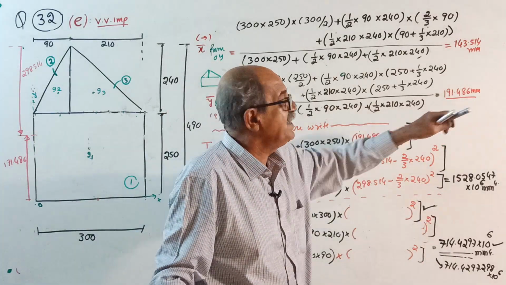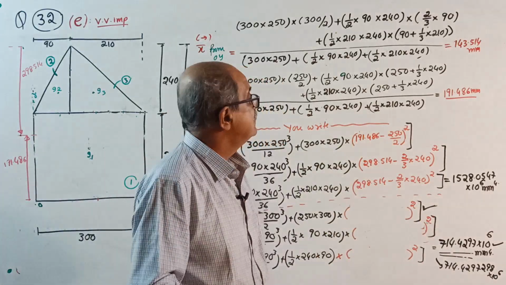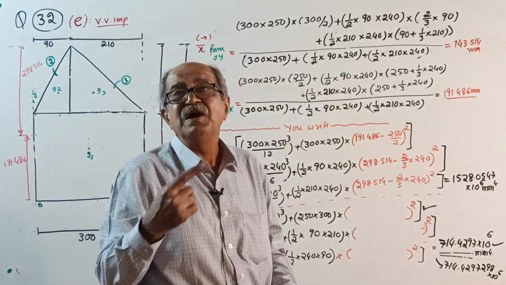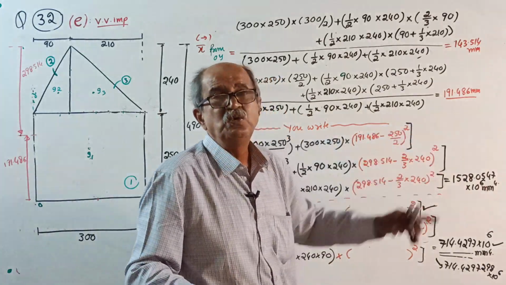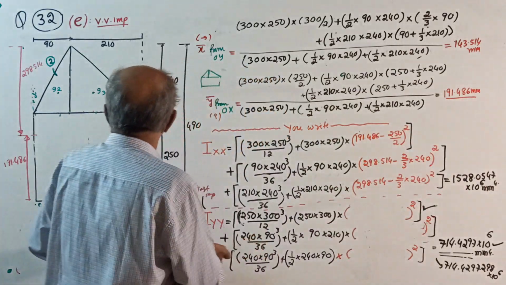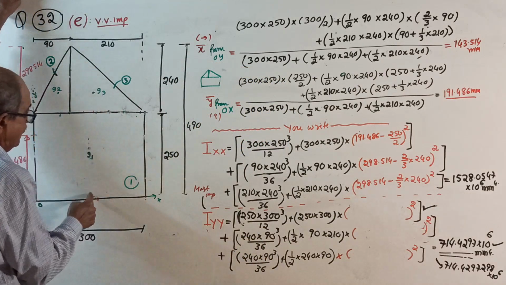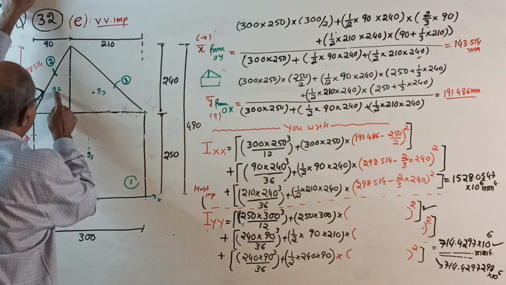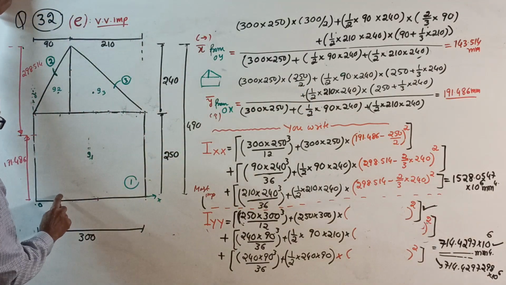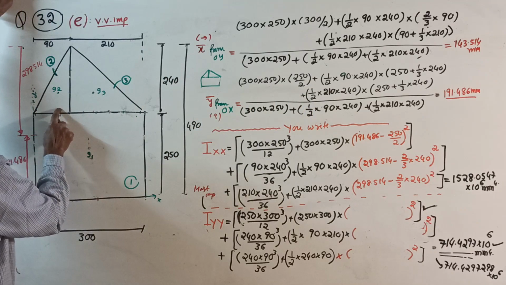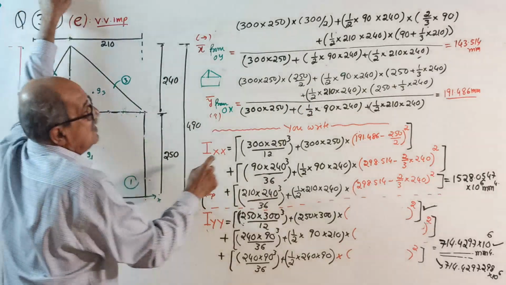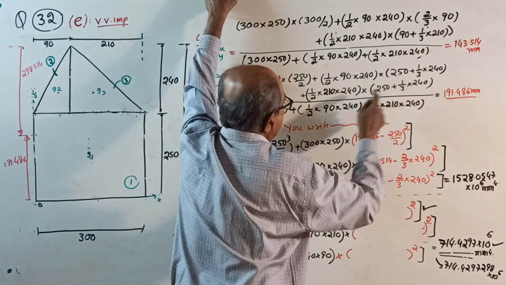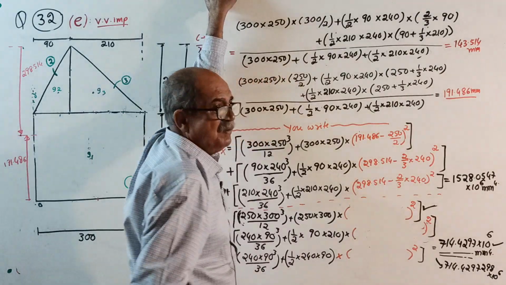I never bothered to calculate, but it will come. What you got last time from the right side will come from the left side. Okay, you solve the question. Then y bar: y1, 250 by 2. y2 and y3 both are 250 plus 1/3 of 240. Your y bar will come the same as last time.